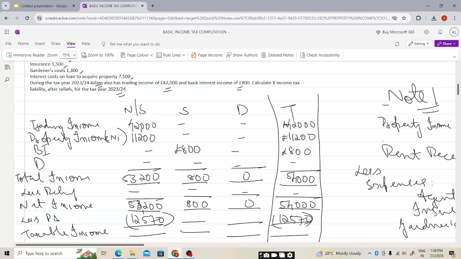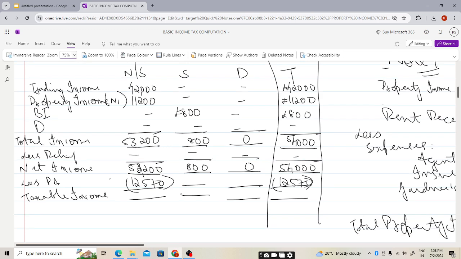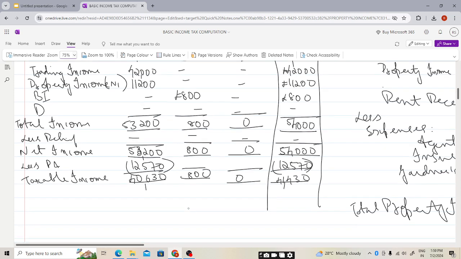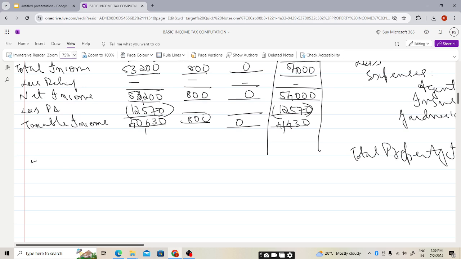So our taxable non-saving income will be 40,630, 800 for saving, dividend 0. So our total taxable income will be 41,430.